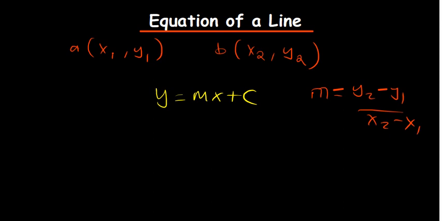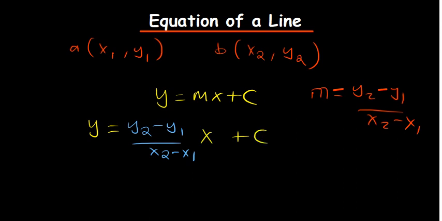So we can expand the equation a bit more. We have y2 minus y1 over x2 minus x1 as the gradient, times x, plus c.